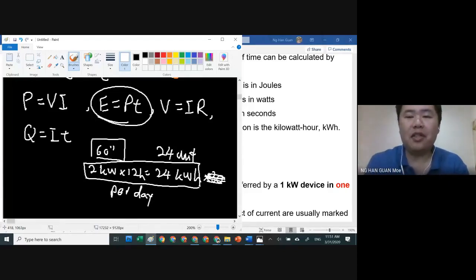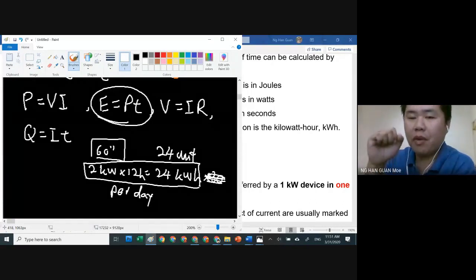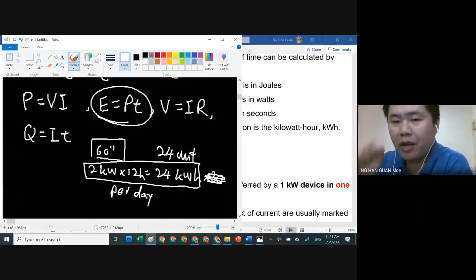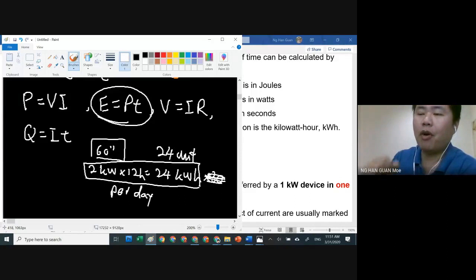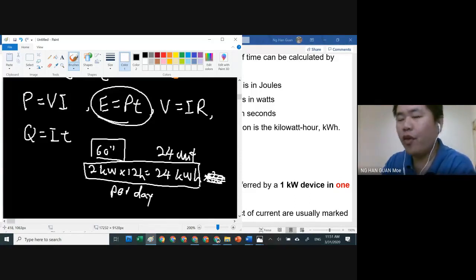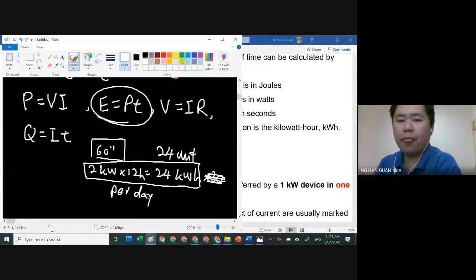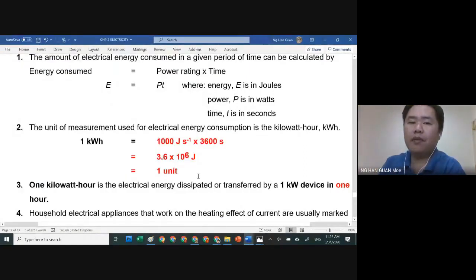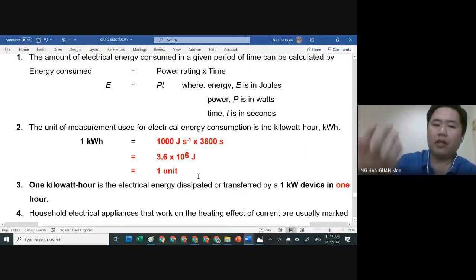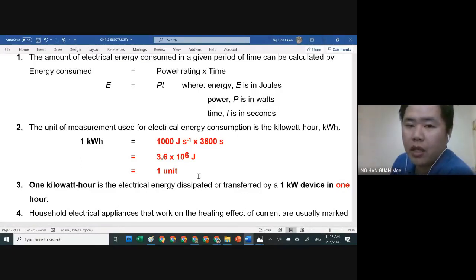So that's why normally, if your mom really wants to save energy, she will, in one shot for the week, iron all the clothes you want to wear, the school uniform, one shot finish. So that they can save more energy. So remember that's the way we calculate the units with kilowatt hour on our electrical consumption.